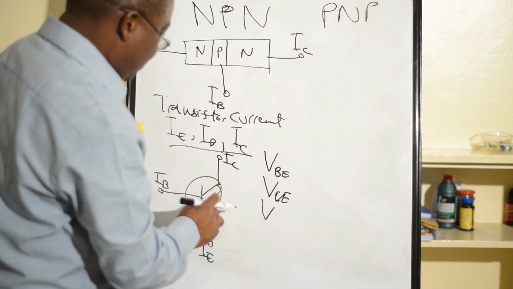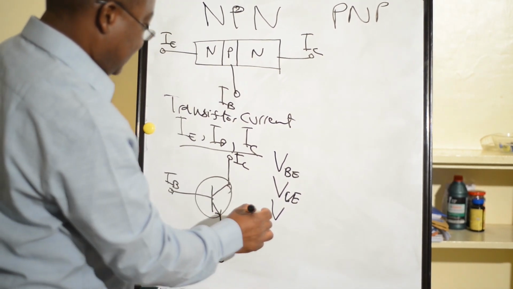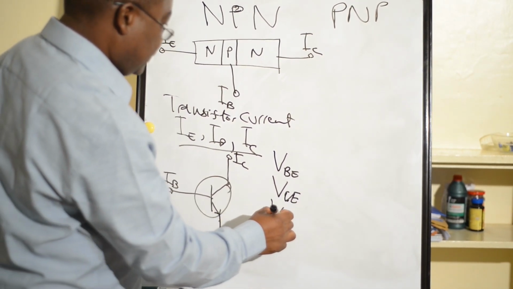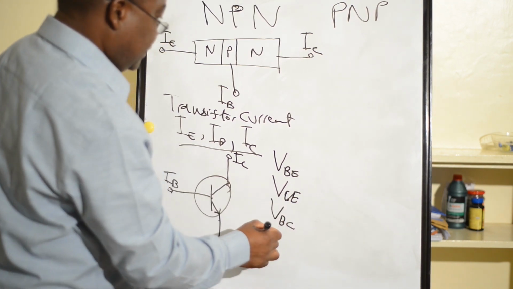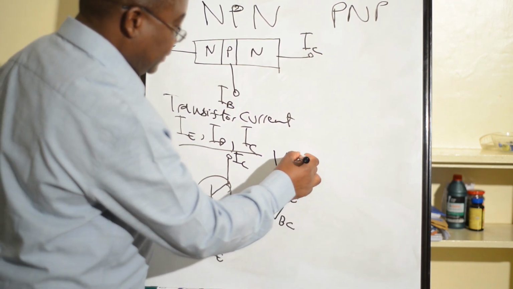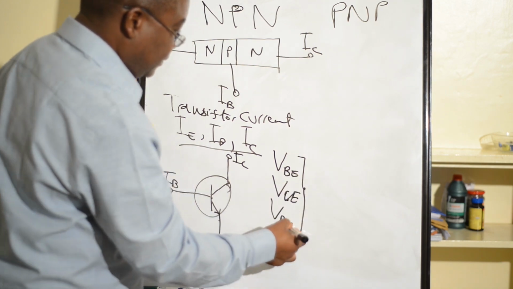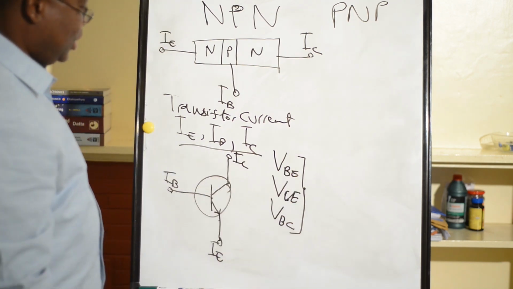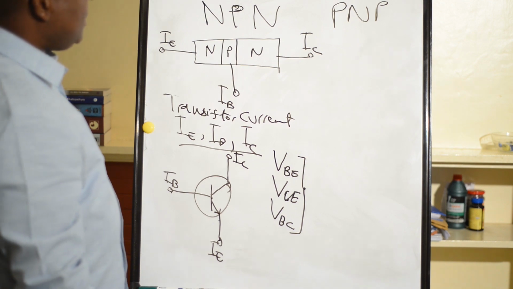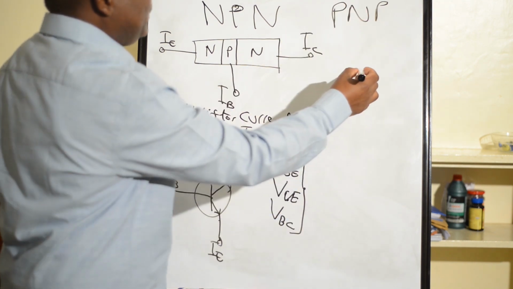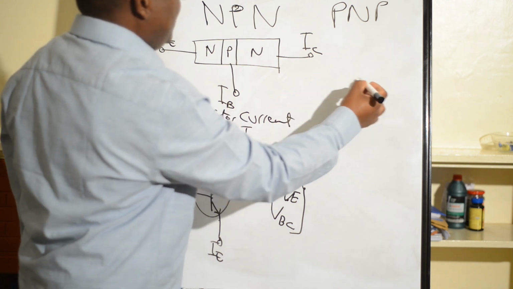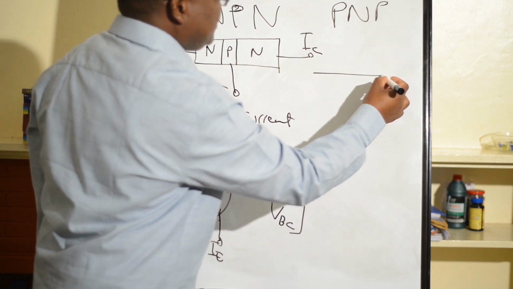Also, we have the voltage between base and collector, VBC. So these are the transistor voltages. But also we have PNP, which I will show here.